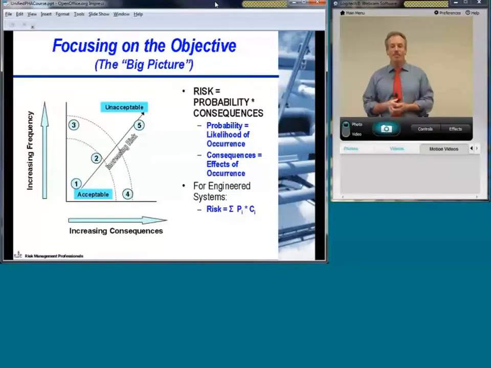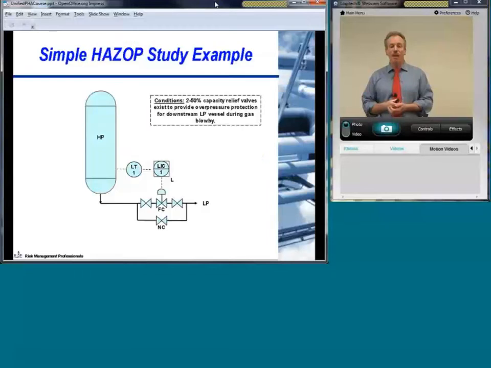A quick example, here's a high pressure vessel on level control, a pretty typical setup for a facility. This is a representation of how it functions. This is basically a snapshot of a P&ID. The whole idea of a HAZOP study is to translate that design representation into what can go wrong with the system so that you can uncover weaknesses and address those high-risk scenarios.